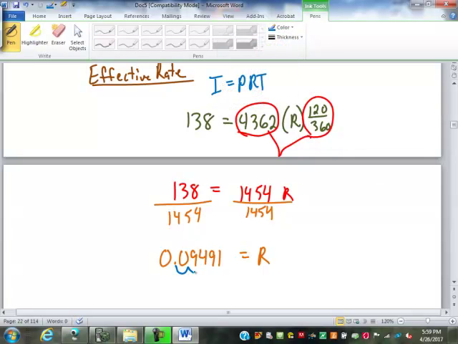So first we convert to a percent by moving that decimal point two spots: 9.491%. Then, of course, that's going to round to 9.49.